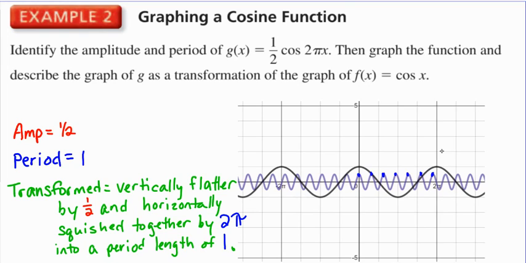And that little bit more is going to be the rest of 2 pi. So we are getting 2 pi worth of full complete waves in what would have normally been the period of our parent function, right? From 0 to 2 pi.